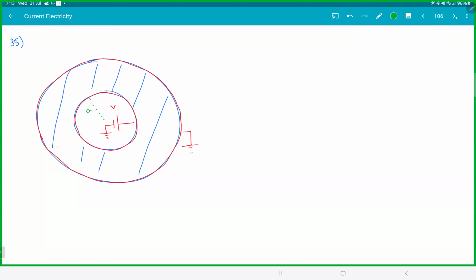The inner radius is A, and the outer radius is 2A. Outside is vacuum. This is a solid sphere. Concentric conducting shells with space between them filled with a medium.